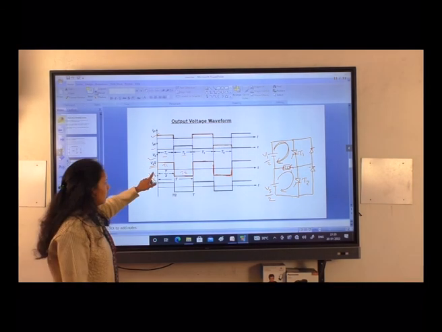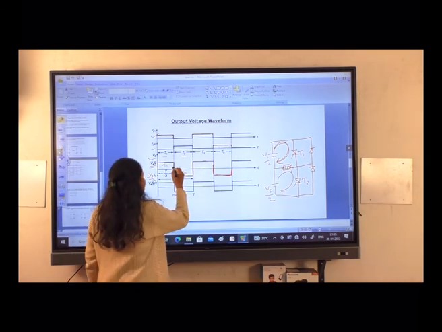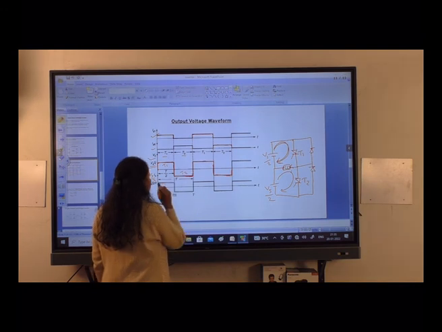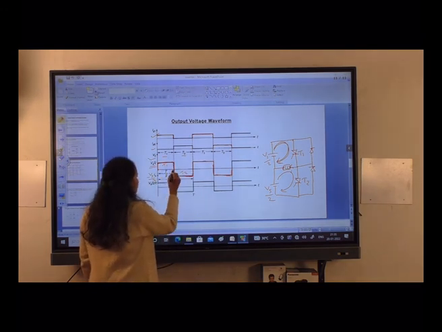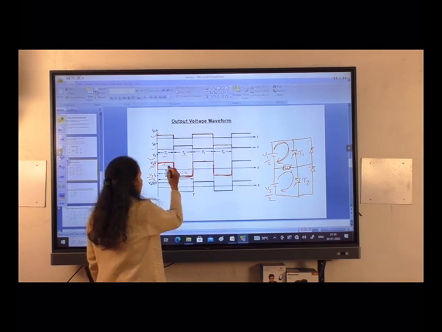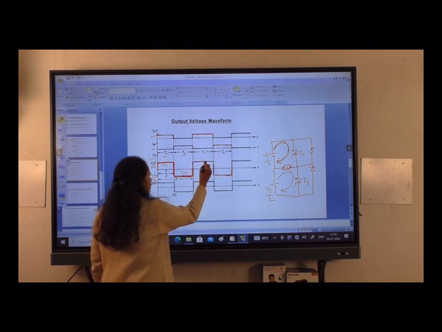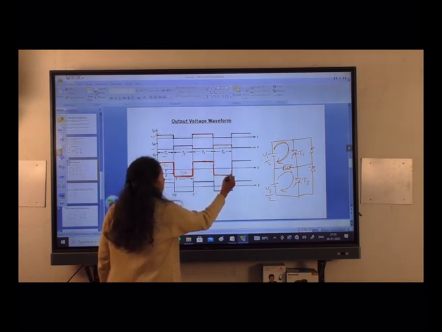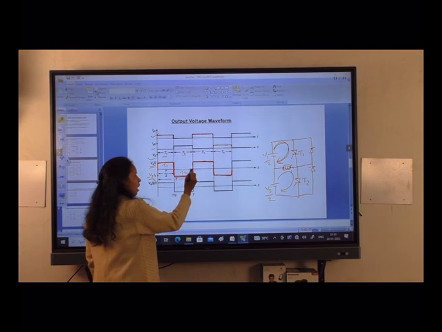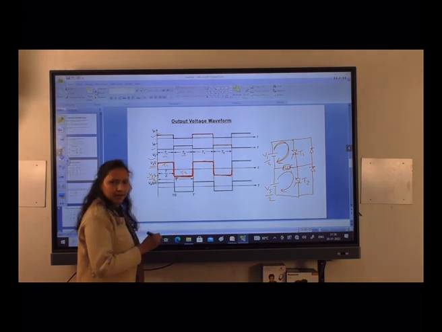So the output voltage waveform is alternating like this. This is one half and this is the other half. The reverse is this one, and again it repeats from this point, positive half then negative half. One time period of the output waveform is this T, and from this point to this point it is T by 2.